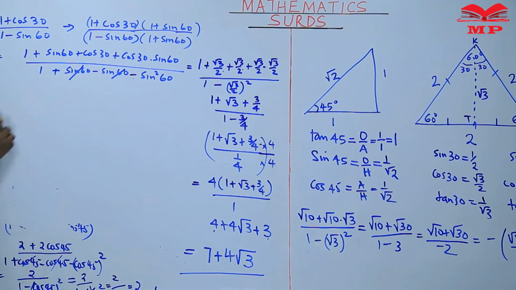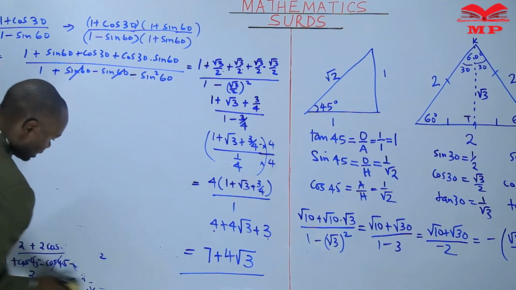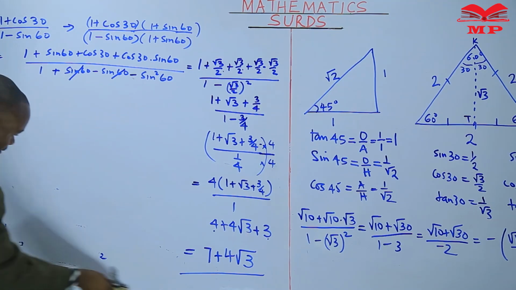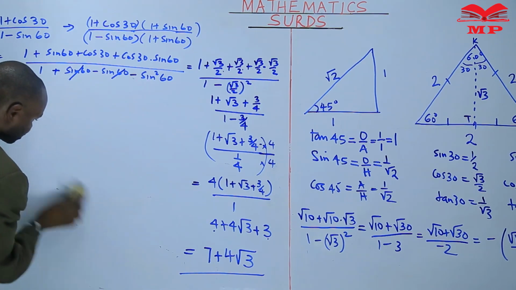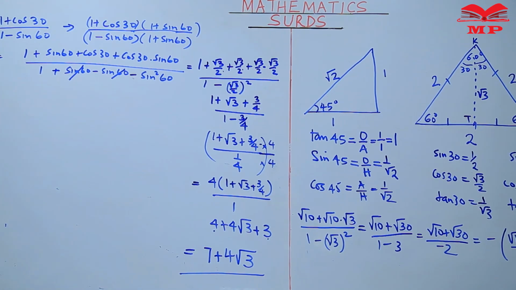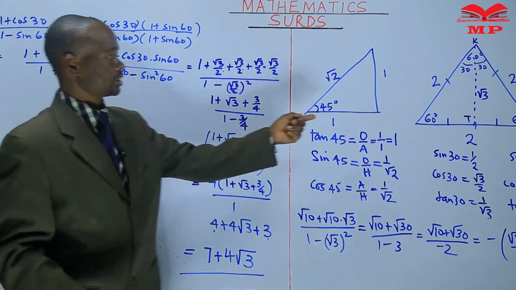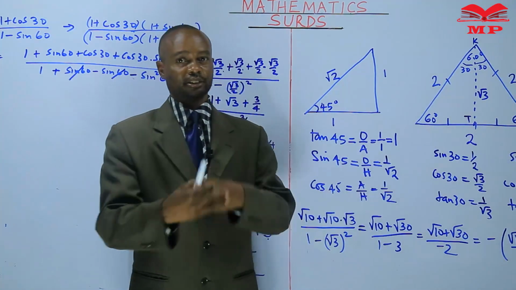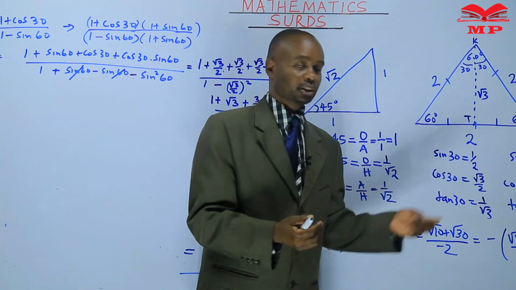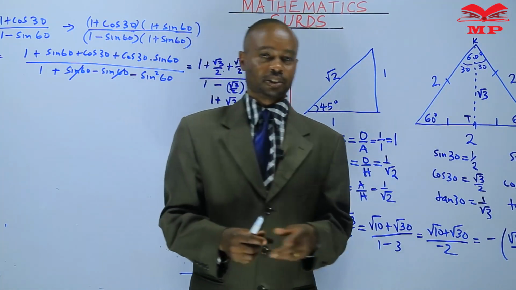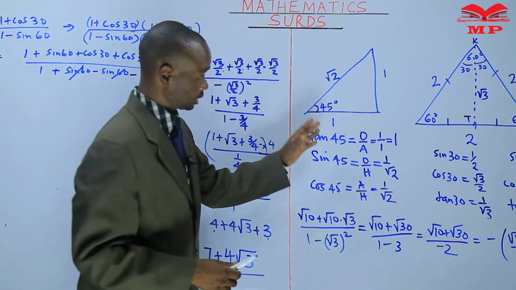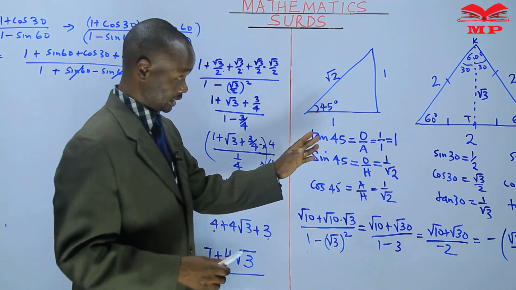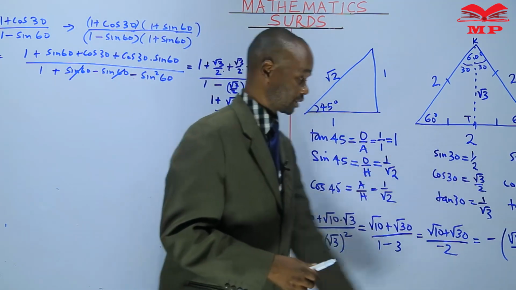So learner, what you've learned today is that correlating surds with trigonometry has revamped one or two things you had forgotten about trigonometry, but all the same, we used it because some of the trig ratios are written in the form of surds, as you can see.